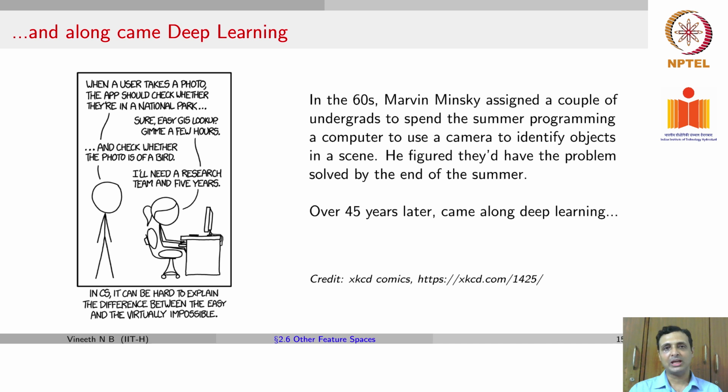Remember when we talked about the history of deep learning, we said that in the mid 1960s, Marvin Minsky started out with a summer project to solve the problem of computer vision, but many decades later, deep learning has been able to make significant progress at this time.